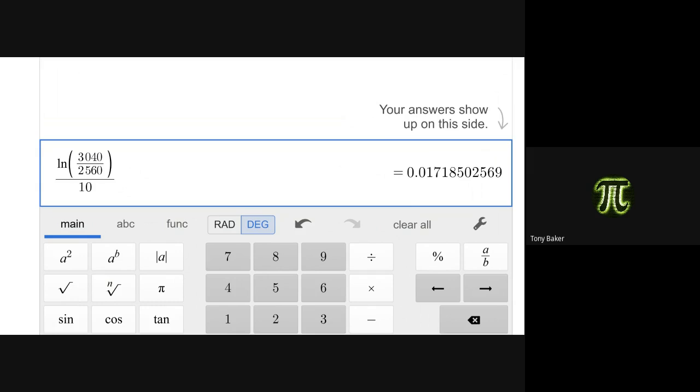Type the entire problem into it in one shot. So I did the ln of 3040 divided by 2560, and then I took that whole thing and divided it by 10. So my k is that.